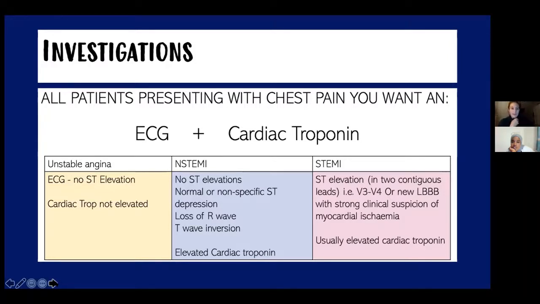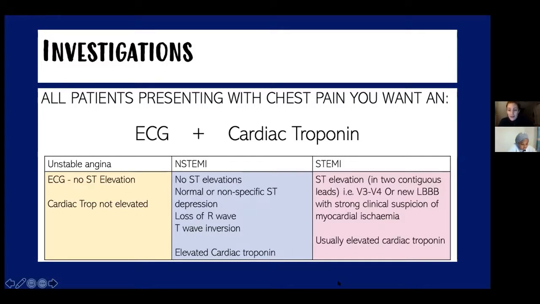With unstable angina, they've got their normal ECG, there's no ST elevation, and when we get our blood results back from the lab, there is no rise in the cardiac troponin. With our NSTEMI, we've definitely not got any ST elevation anywhere on that ECG. It could be normal, we could have some ST depression without any ST elevation elsewhere, or we could have some T-wave inversion. And then once we get our blood results back, they will have that rise in the troponin.